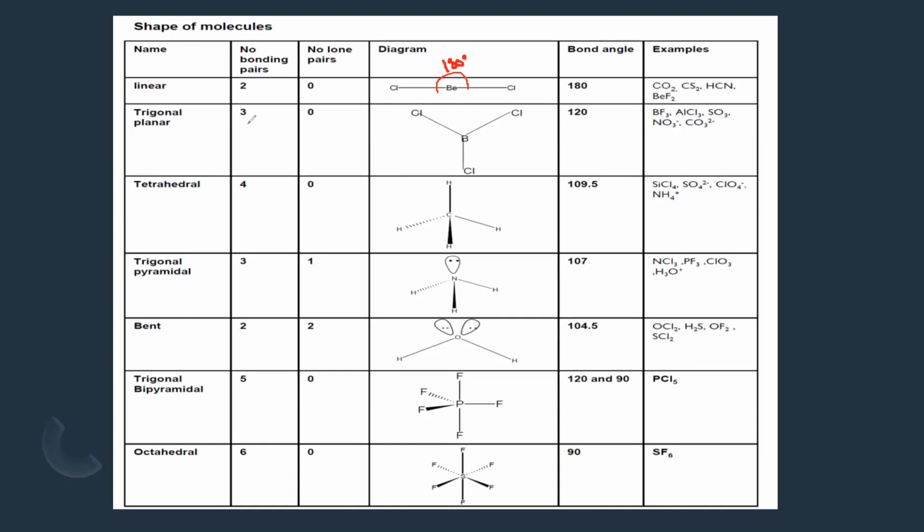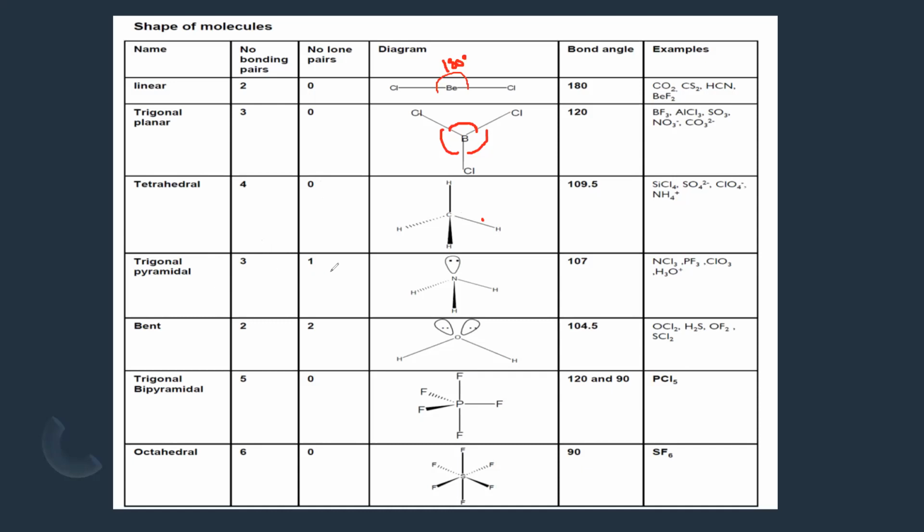If there are three bond pairs and no lone pair, then the bond angle will be 120 degrees, and that structure is known as trigonal planar. If there are four bond pairs and no lone pair, then the bond angle is 109.5. You have to learn these angles, and the geometry will be tetrahedral.